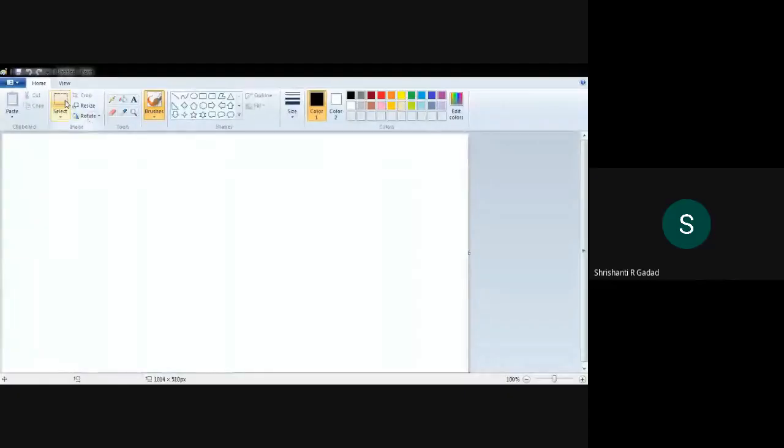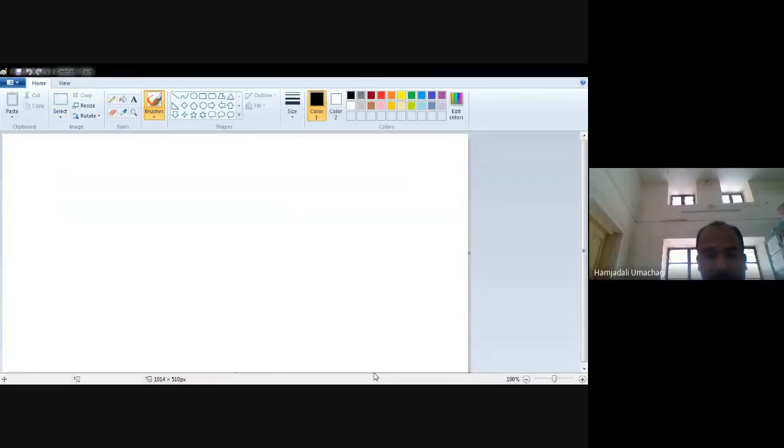Yes, now can you see this Paint window screen? Yes. No, sir. Can you see this Paint window screen, all of you? Yes, sir. Okay, fine.